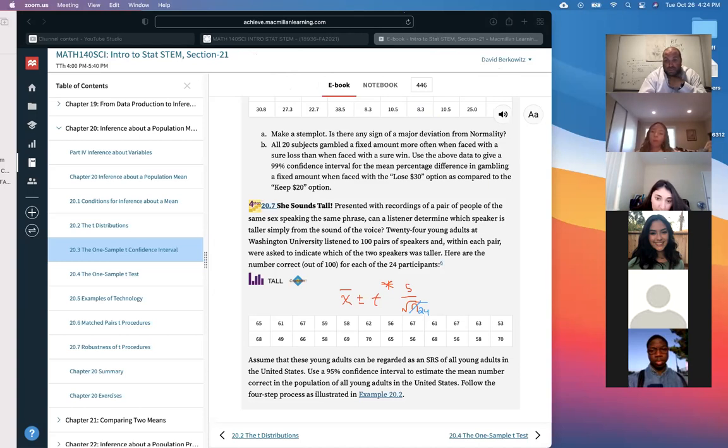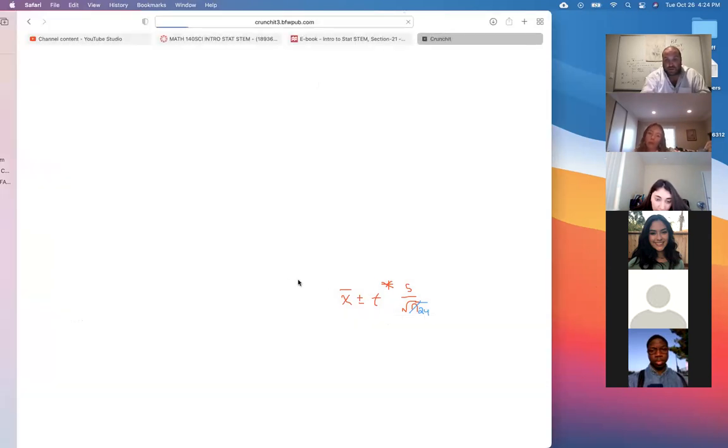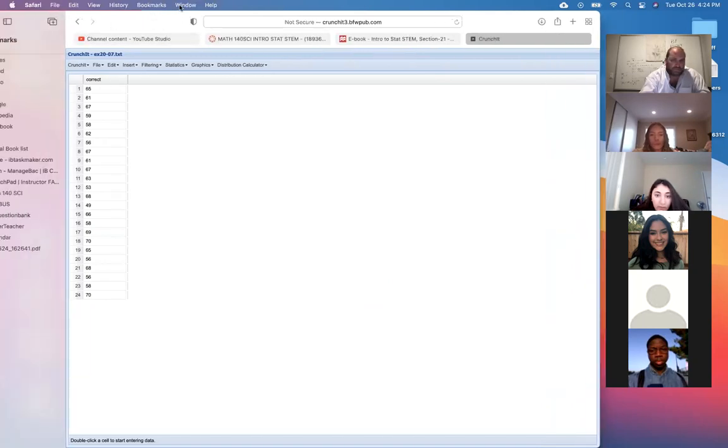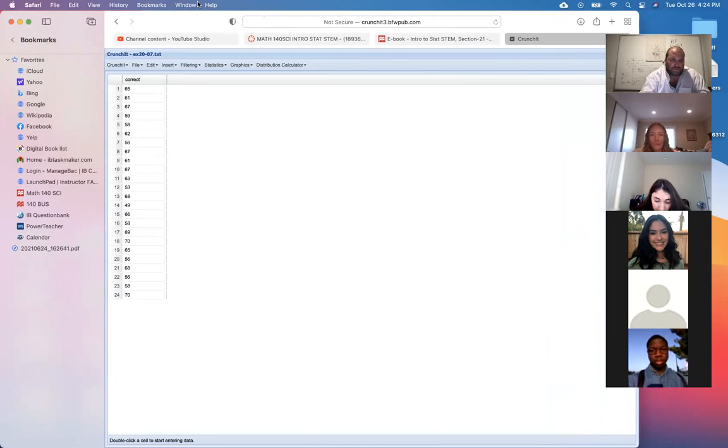Anyone? X bar, good. How do I find X bar if I really wanted to? How would I go ahead and find X bar? I wouldn't need a table to get X bar.